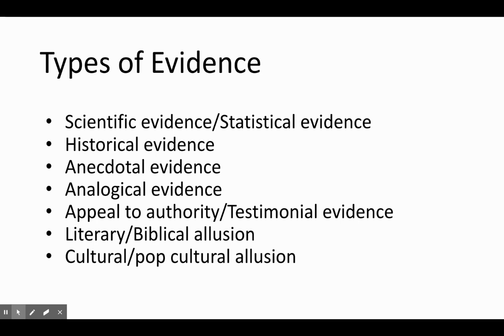There is scientific, and sometimes scientific evidence can also be statistical evidence. The difference between scientific and statistical evidence is whether there are numbers involved. So scientific evidence is used whenever you reference any kind of scientific research or study that supports your idea. So I can say a study in Switzerland found that the coronavirus spreads less frequently among people when both individuals are wearing masks.